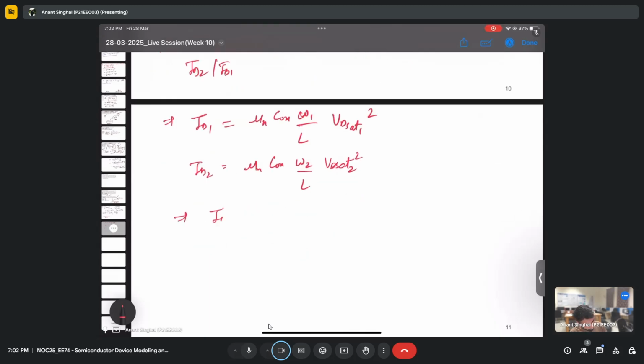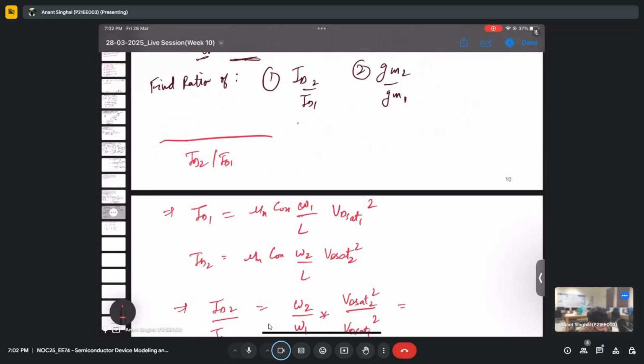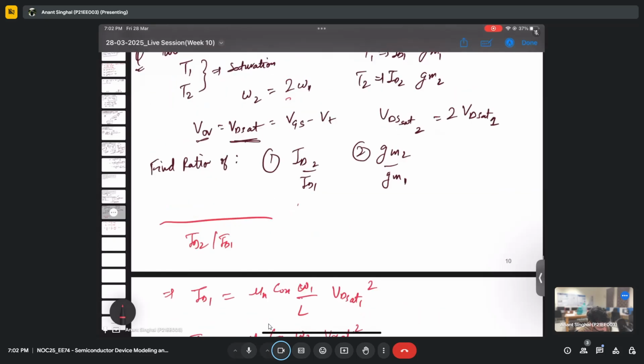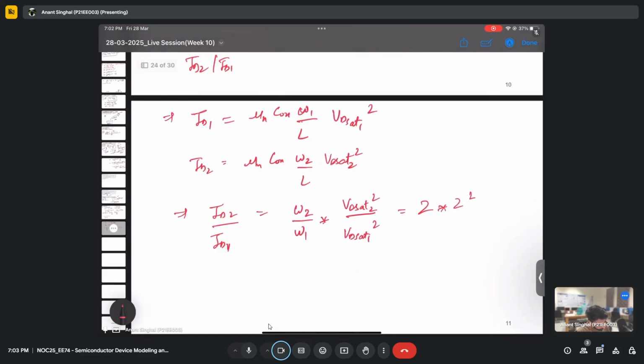So ID2 by ID1 is W2 by W1 times VDsat2 square by VDsat1 square. We know W2 by W1 is 2, and VDsat2 by VDsat1 is 2, so that is 2 square.